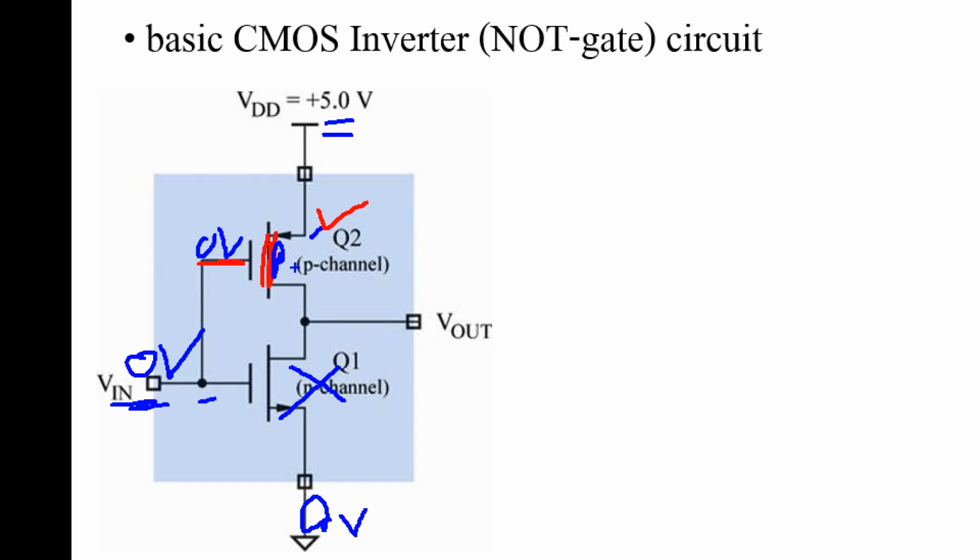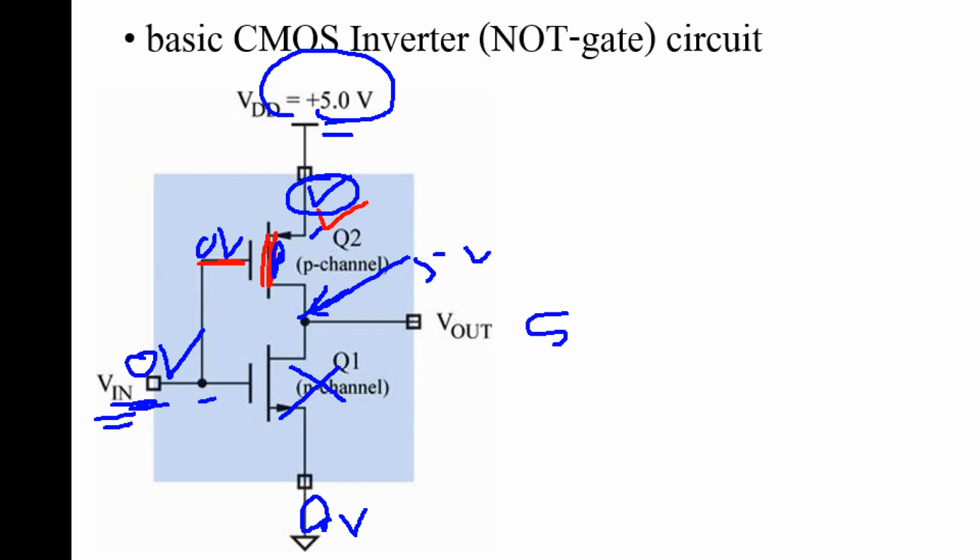Okay. So now this point and this point connect directly together. Because this point connects to 5 volt, that means the voltage at this point then becomes 5 volt also. So when you apply input with 0 volt, your output will be 5 volt.